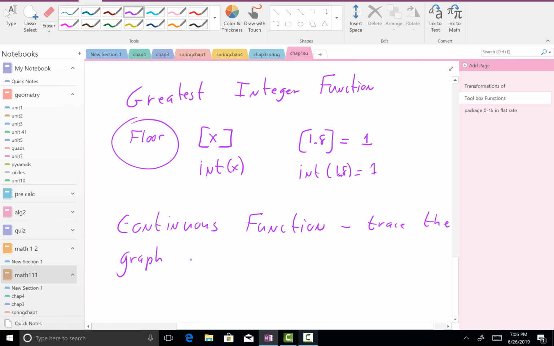Okay, so most of the functions that you have done up to this point are all continuous. Those lines, the parabolas, the roots, all those were continuous. As soon as we have to do something with steps, discontinuous. As soon as I have to do something with these rationals, discontinuous.